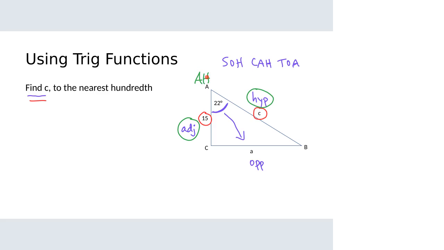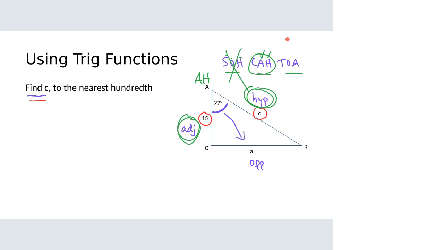I need to look for the trig function in SOHCAHTOA that has adjacent and hypotenuse in it. Sine has opposite and hypotenuse. I'm not using opposite, so that's no good. Cosine has adjacent and hypotenuse. Adjacent's the one I know, hypotenuse the one I'm looking for. I'm going to use cosine here.